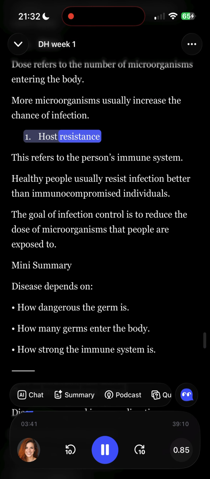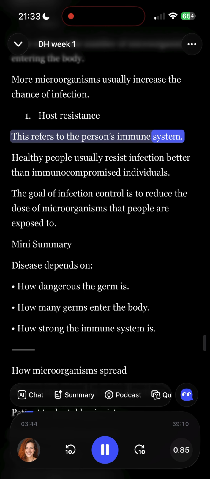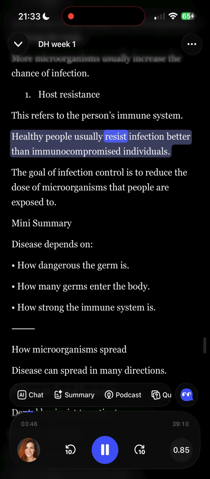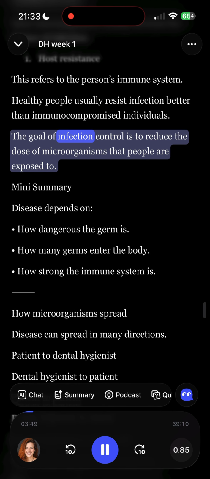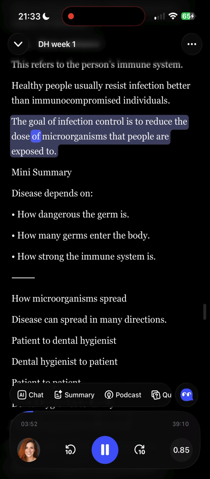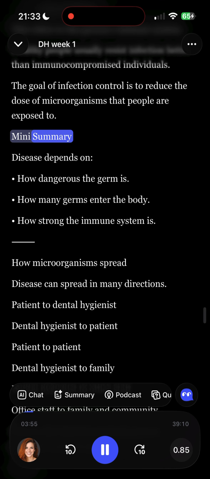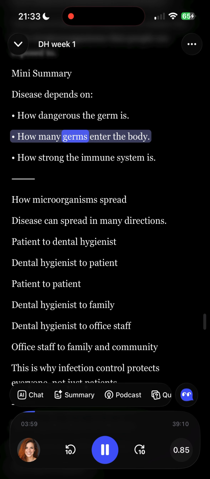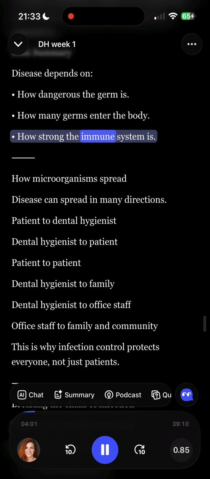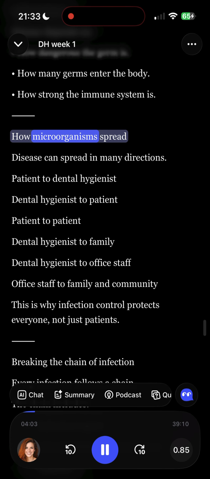Host resistance. This refers to the person's immune system. Healthy people usually resist infection better than immunocompromised individuals. The goal of infection control is to reduce the dose of microorganisms that people are exposed to. Mini summary. Disease depends on how dangerous the germ is, how many germs enter the body, how strong the immune system is, and how microorganisms spread.